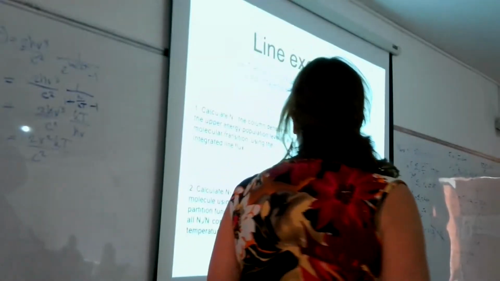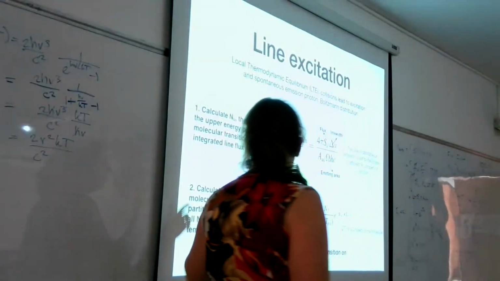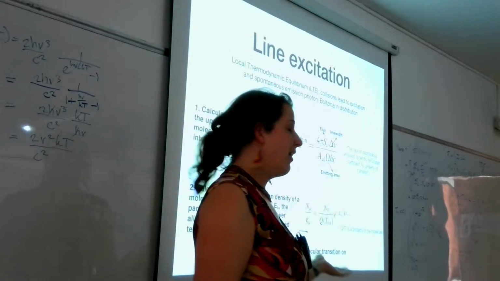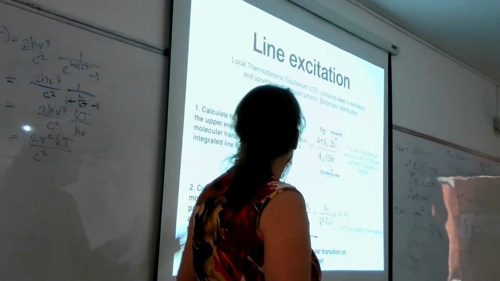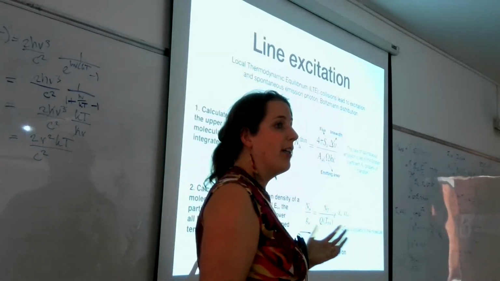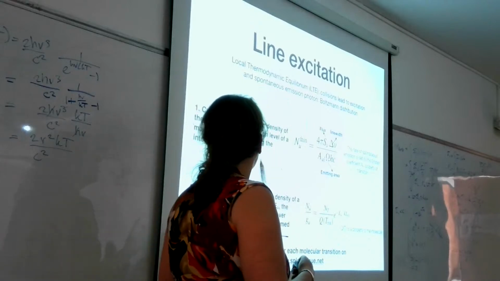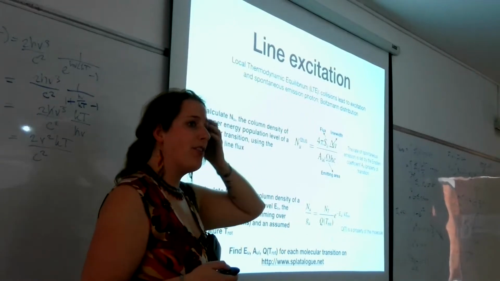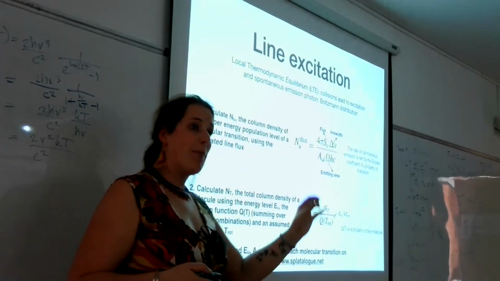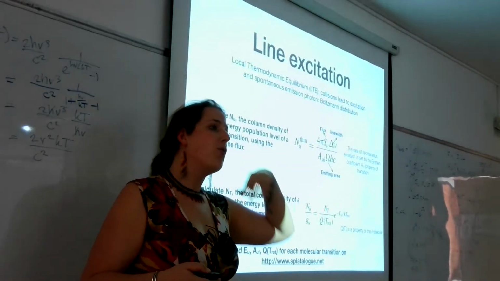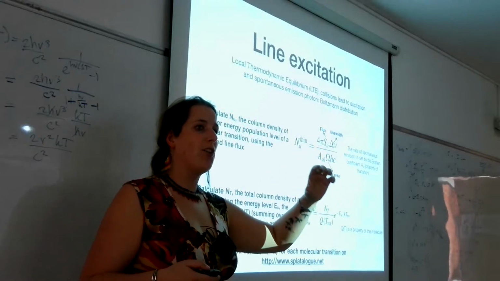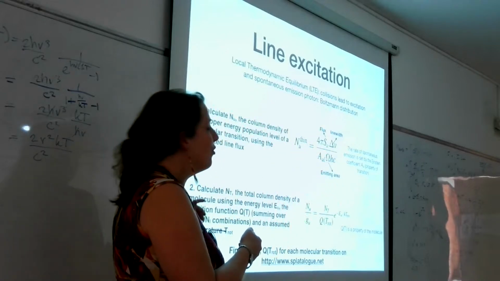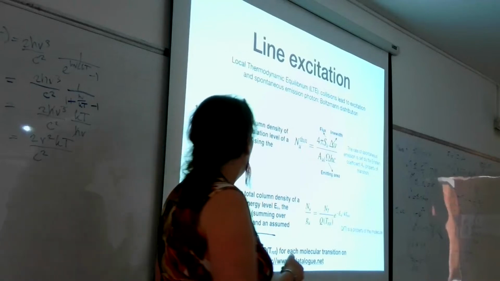Okay, so say that you have measured the molecular line, and now you want to calculate the corresponding column density of that molecule. There are two steps that you have to take, because what you're measuring in that line transition is only the number of molecules that were in state u, in that upper energy state.